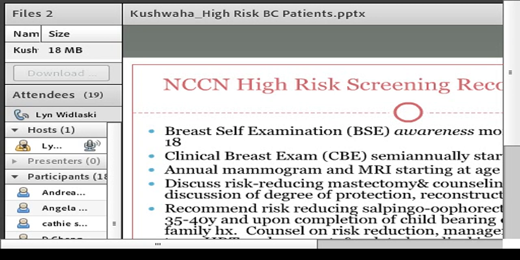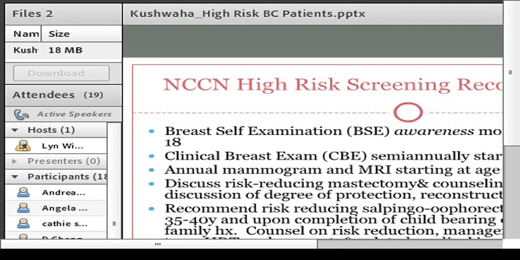For those who do not elect to undergo salpingo-oophorectomy, they say consider, and I'll explain that lower word, transvaginal ultrasound and CA-125 every 6 months starting at age 35, or 5 to 10 years before the earliest age of onset of ovarian cancer in the family. And they also consider chemoprevention options.